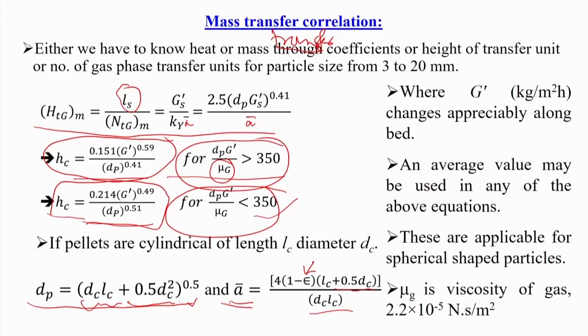Whatever G s prime or G prime we have assumed, we can take as the average value, and these are applicable for spherical particles. The viscosity of the drying gas is generally 2.2 into 10 to the power minus 5 Newton second per meter square. Okay, so thank you. In the next class we will be discussing the rate of drying for the continuous dryer.